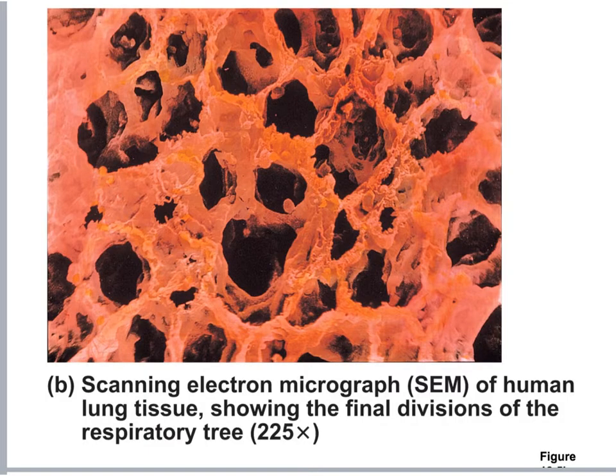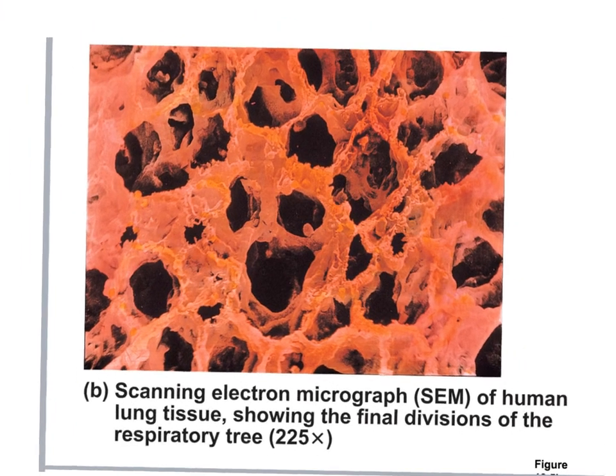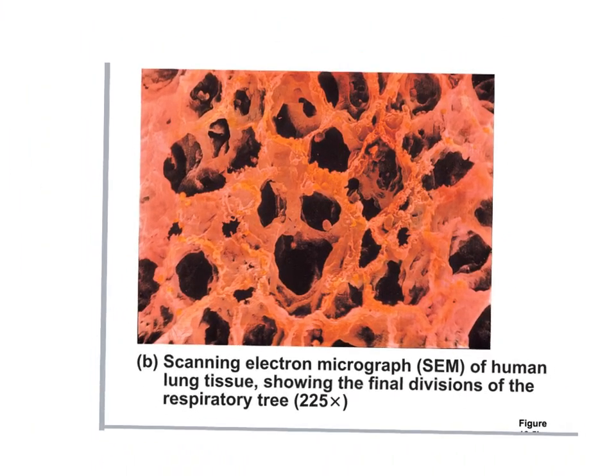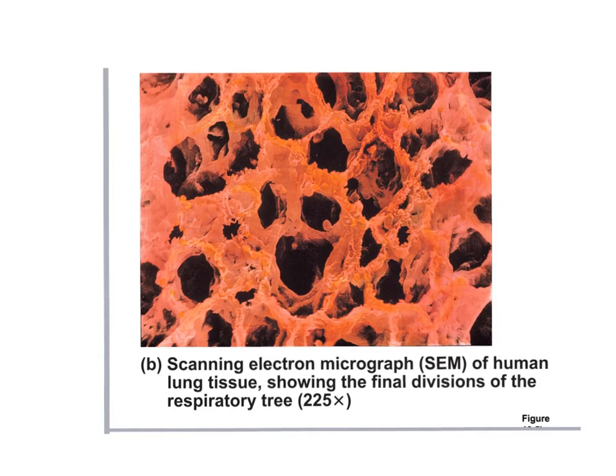Here's another picture of the lung. I like this one because it's nice and big. You can see these are the final divisions of the respiratory tree. We've gone all the way from trachea, bronchi, primary, secondary, tertiary, bronchioles, terminal bronchioles, respiratory bronchioles.